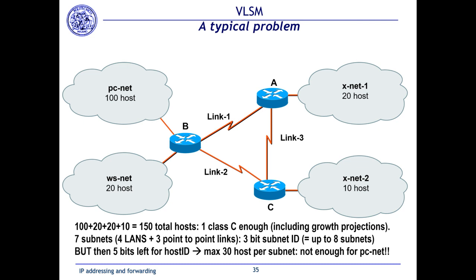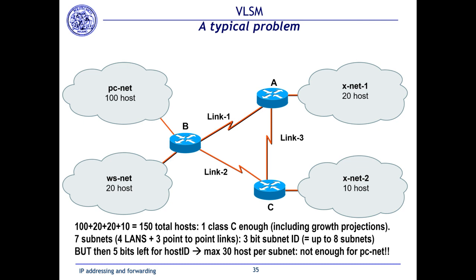But if you try to subnet, you also have to create 7 subnets, so 4 for the LANs and 3 for the point-to-point links. With 7 subnets, you need at least 3 bits for the subnet ID, because otherwise you cannot define 7 different subnets.